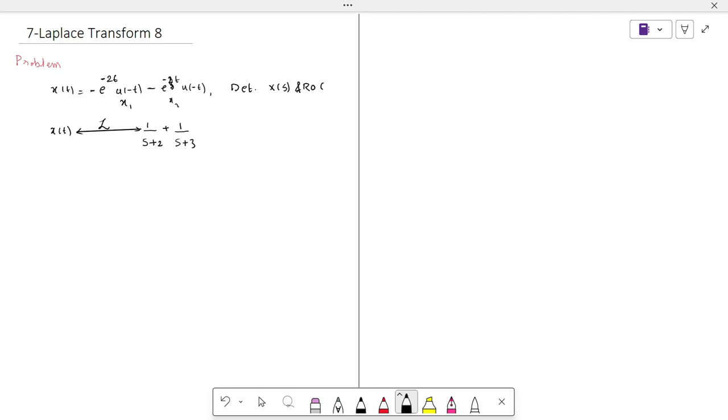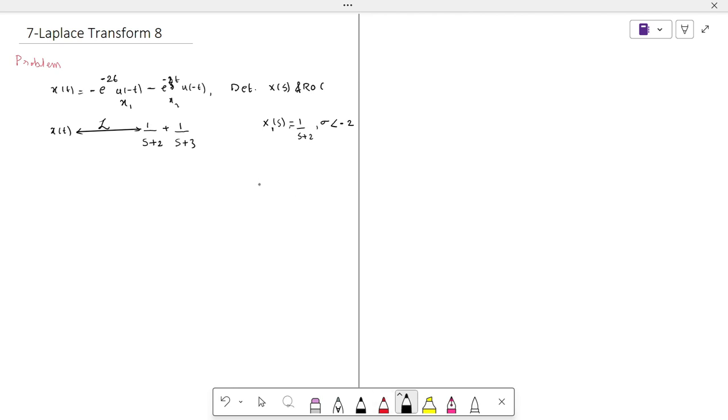So this is X1 and this is X2. For X1(s) equal to 1 by s plus 2, its region of convergence is sigma less than minus 2.